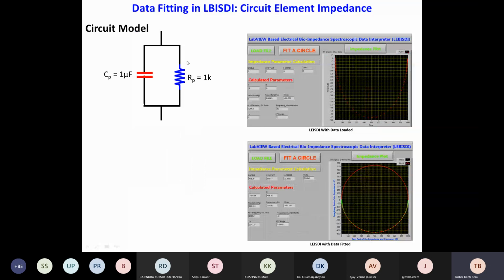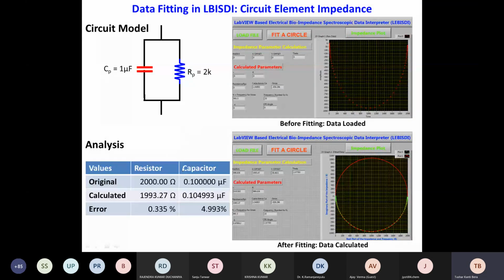So that type of parameters will be obtained: series resistance, parallel resistance, and the parallel capacitance. So what we did, we took real components from the electronic circuit lab, a capacitor and a resistor, 2K and 1 microfarad, put them in the breadboard, conducted the EIS, and then we got the data and we fitted the data and we extracted the parameters from this data fitting software, and we compared the values obtained from this experiment.